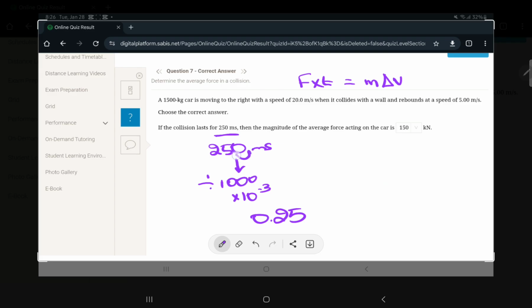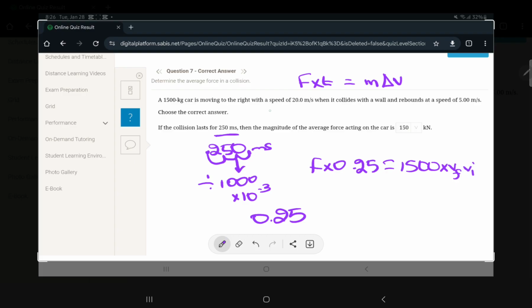So F times 0.25 is equal to the mass, which is 1,500, times delta V, which is V final minus V initial.